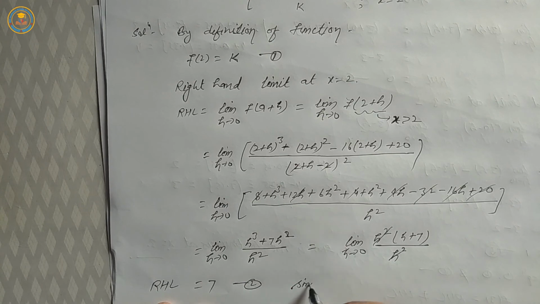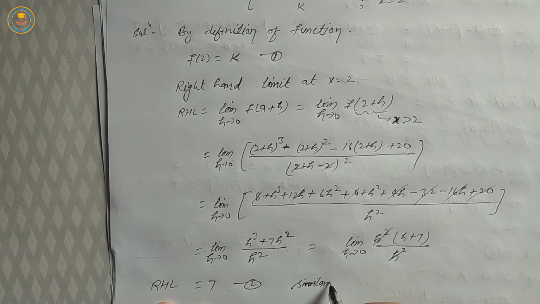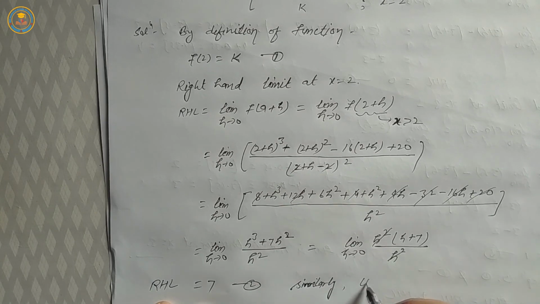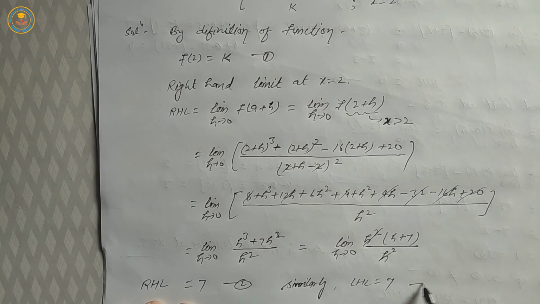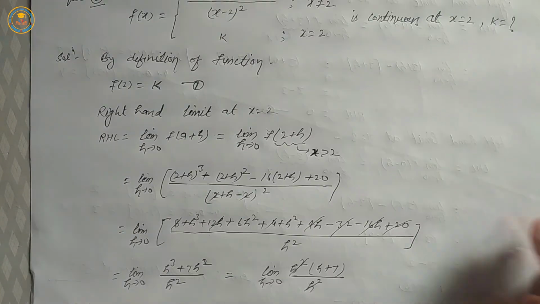Similarly, LHL is equal to 7. Okay, equation 3rd.